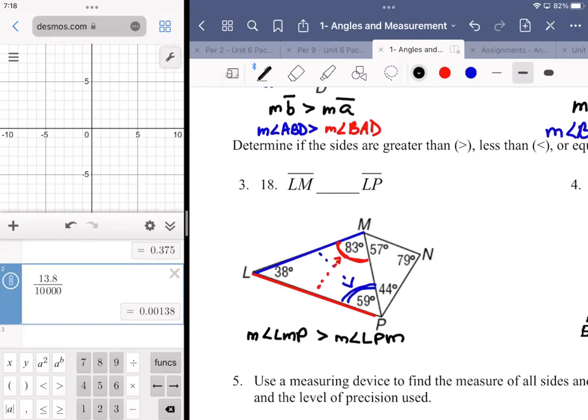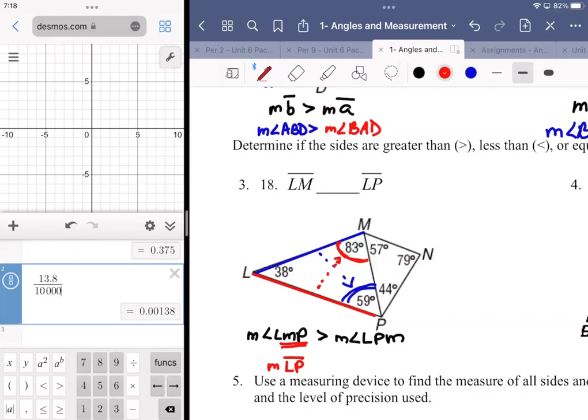All right, now LMP, that's the red. That corresponded to LP. So that's the measure of line segment LP. Right.